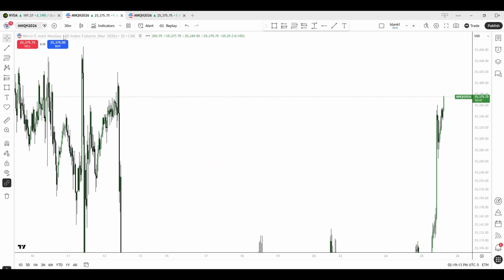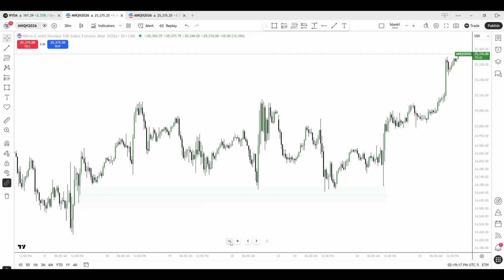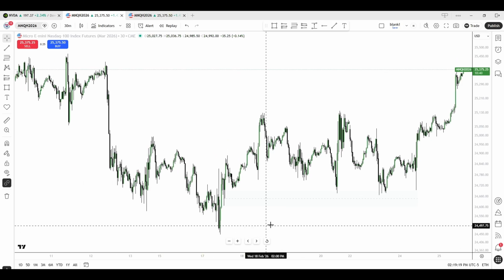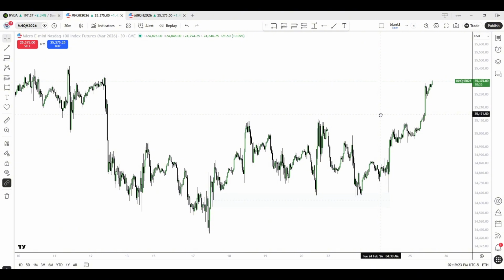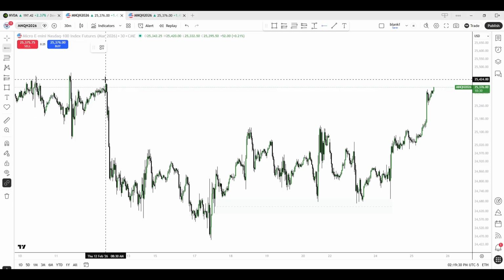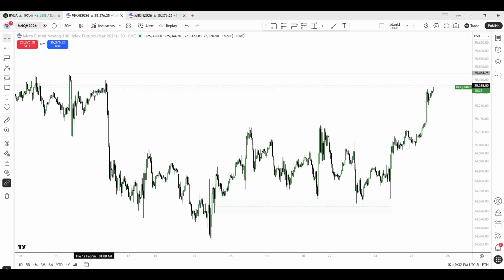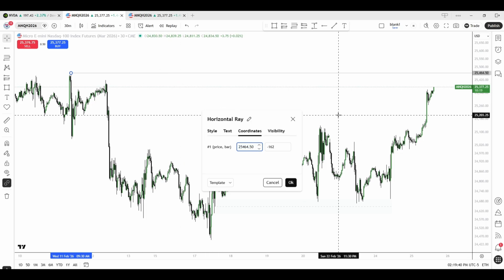And again, if we were to get higher, the objectives for upside will be, since we're already inside of this fair value gap, this high and that high as your upside objectives.